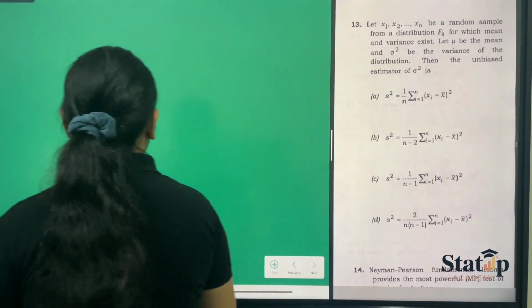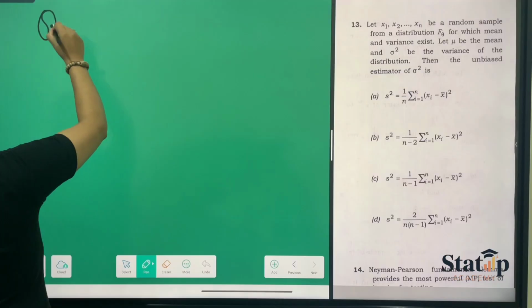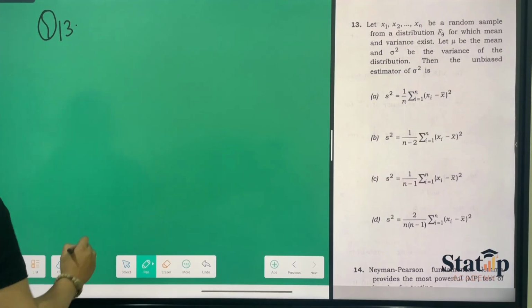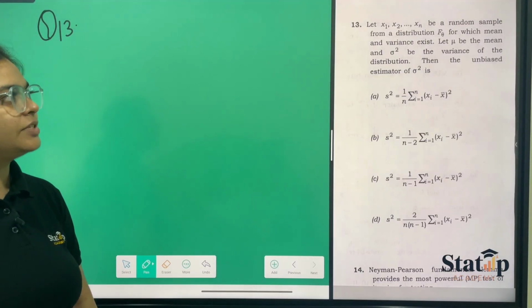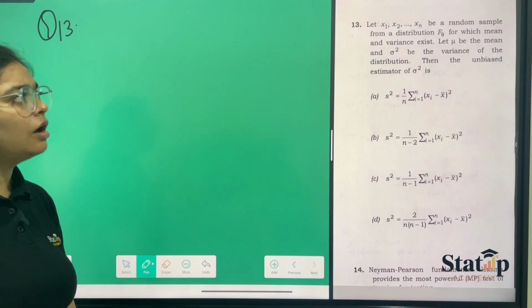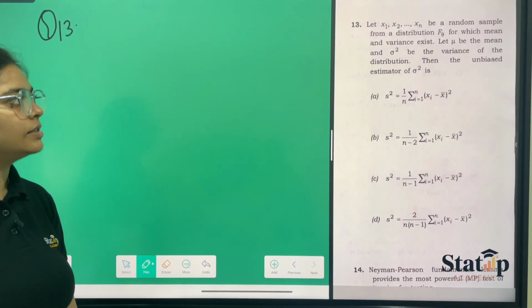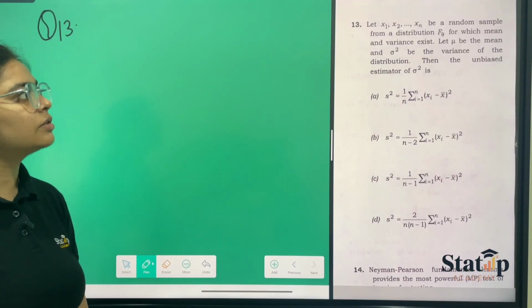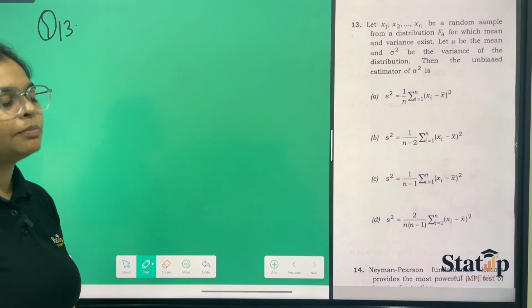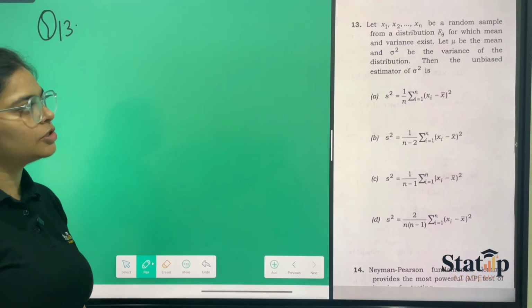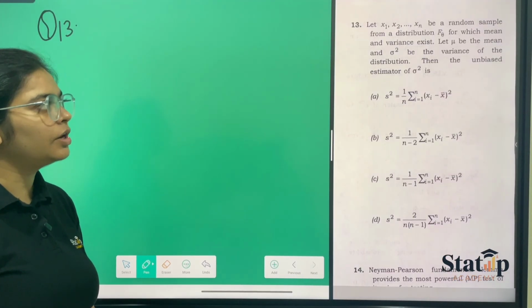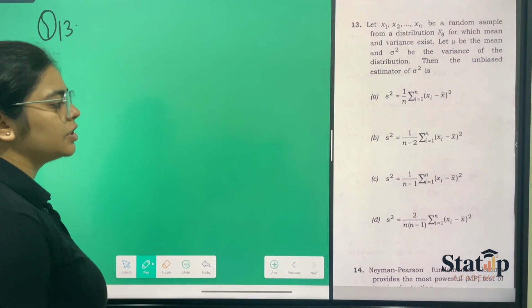Question number 13 gives us, let Xi be a random sample from distribution f(theta) for which mean and variance exist. Let mu and sigma square be the mean and variance of the distribution. Then the unbiased estimator of sigma square.